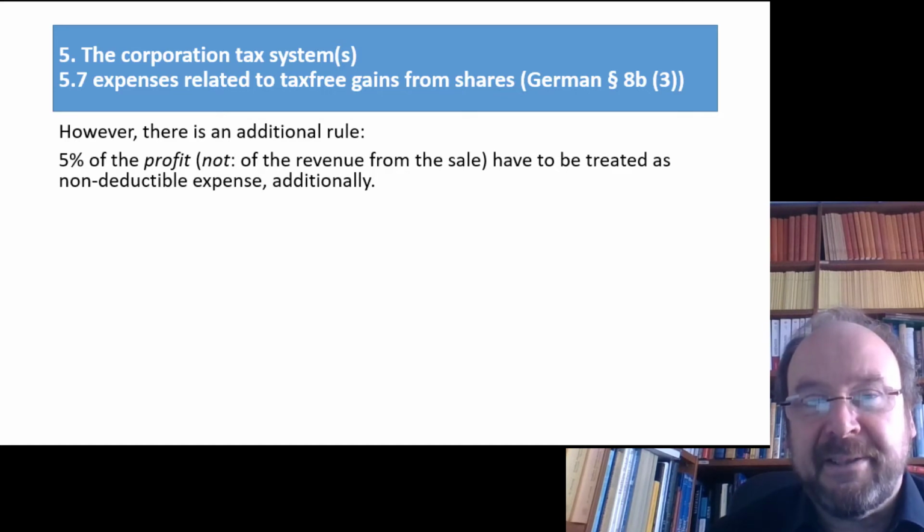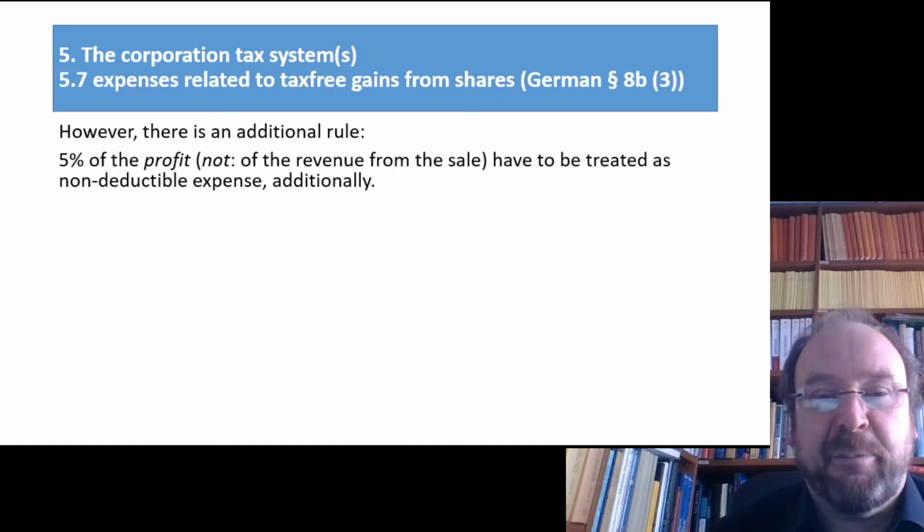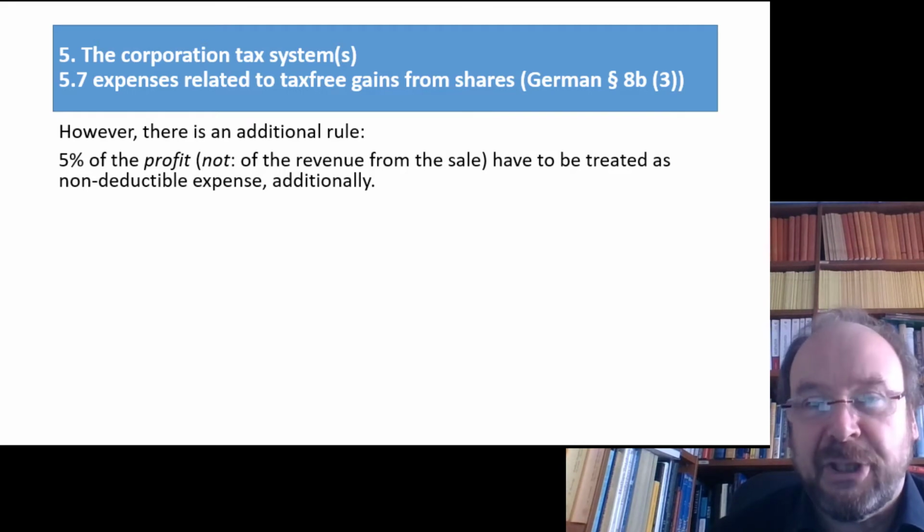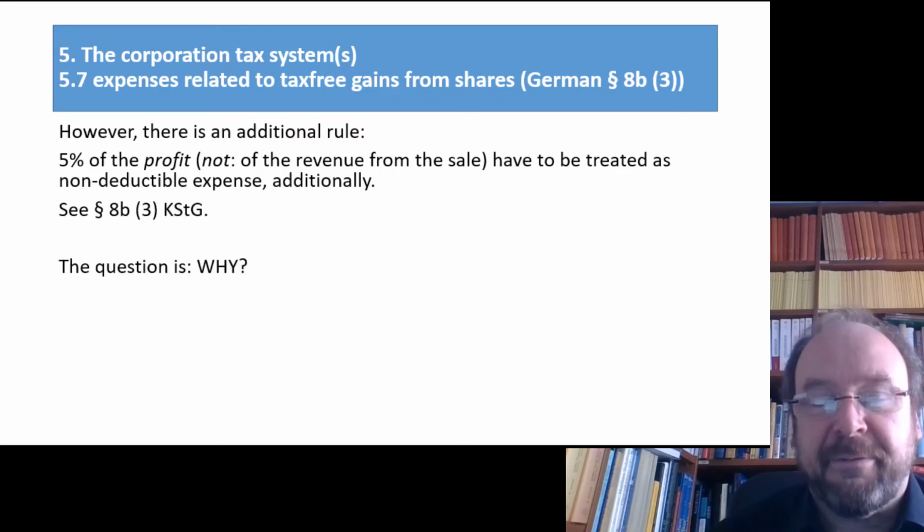Now we find such a rule also in 8b3 KStG for cases where you sell shares in another firm. 5% of the profit, the gain from the sale, shall be treated as non-deductible.